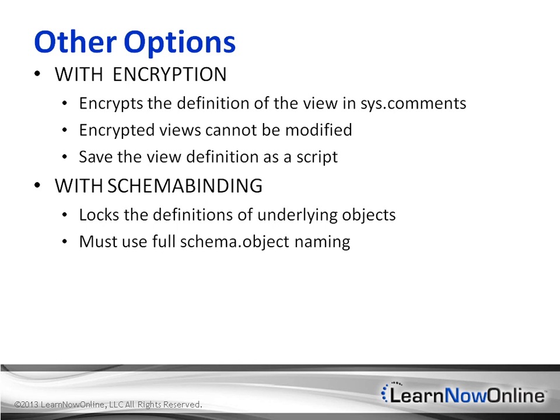One side effect of this is that the select statement used in the view definition has to include the two-part name, schema.object, of referenced tables, views, or any user-defined functions. Okay, so this is essentially putting a limit on the changes that you can make to the underlying objects when you have a view with schema binding that is built on those objects. Again, if you don't use with schema binding, you don't have that kind of protection.